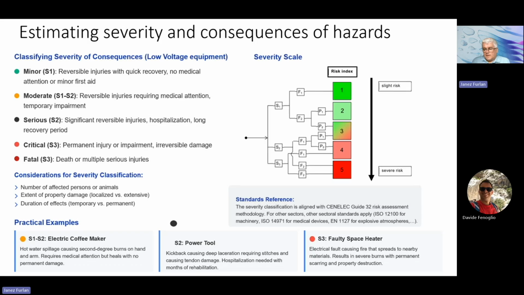When we are doing the severity classification, this is factor S, severity of consequences. We, of course, need to take into account what can actually happen to one or more persons or animals, or what can happen to property, what can happen to the house where it is used. In a few of the examples that I have listed here, we can see the difference. For example, what can happen with an electric coffee maker if hot water spills, causing second-degree burns on hand and arm.